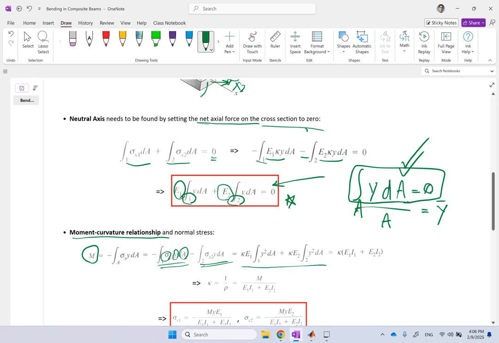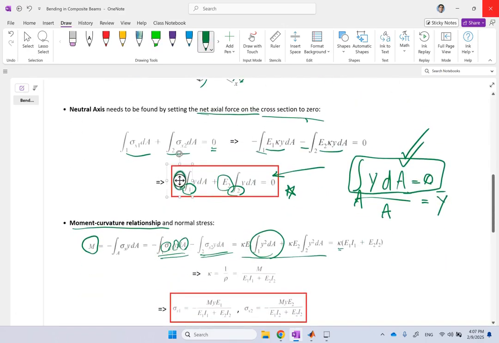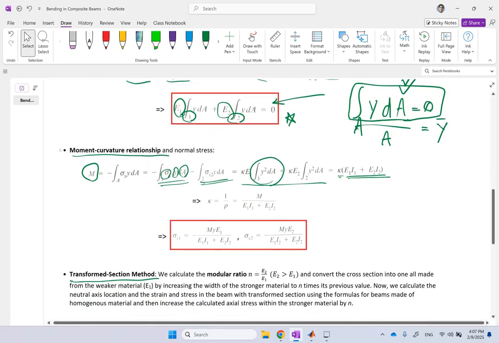Now, the kappa, the curvature, you can factor it out, and then this is I1, this is I of section 1 here, this blue section, and the other one is I of section 2. So kappa times E1 I1 plus E2 I2 is equal to the total moment.